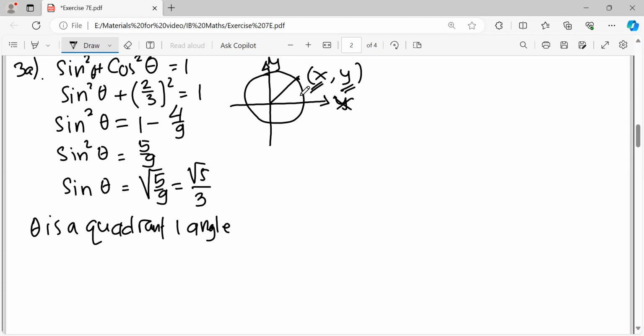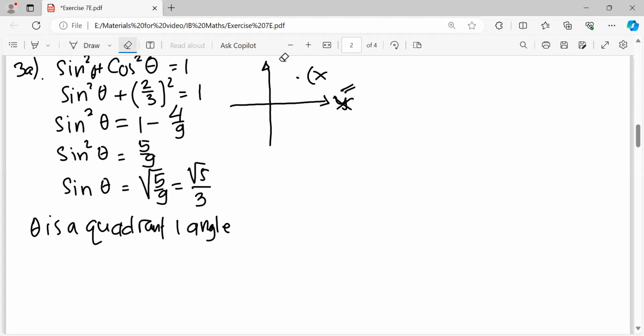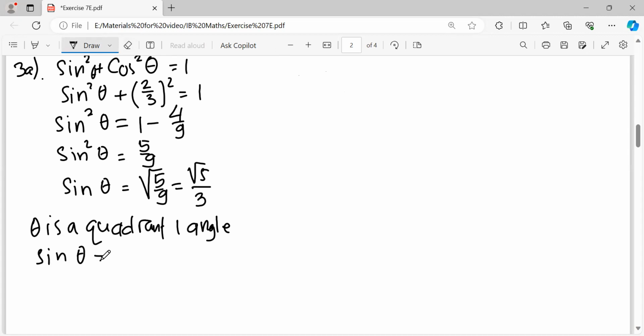Why? Because if you create a triangle, you can see that sine, or y, is always positive, at the positive y axis. So it means sine theta equals positive square root 5 over 3.